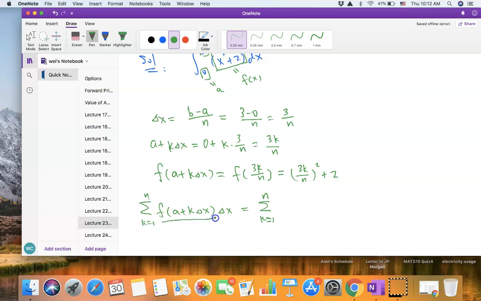Let's first write this piece, which is (3k over n) squared plus 2. Okay, and don't forget, there is another delta x, times 3 over n.